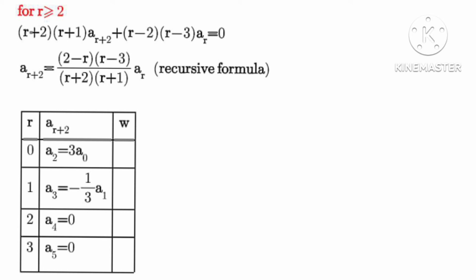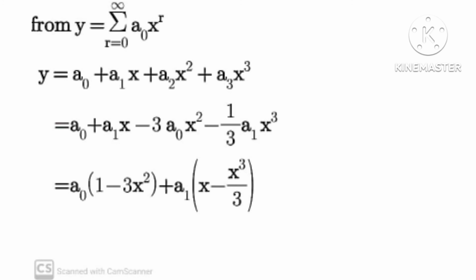So to finalize our answer, we recall from power series, from the first video I made on power series, if you've not watched the video, kindly check my details or my playlist on differential equations. You see it there. So from y equals the sum of a_r x raised to power r, we have it to be a0 plus a1x plus a2x squared plus a3x cubed plus a4x raised to power 4.